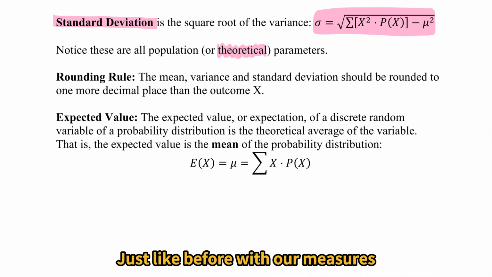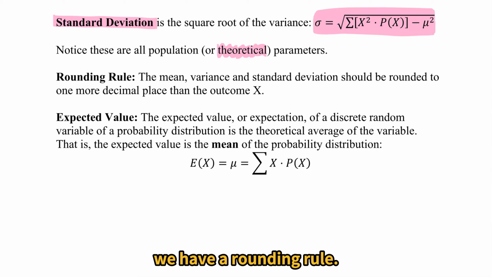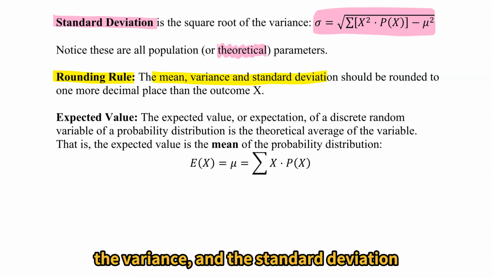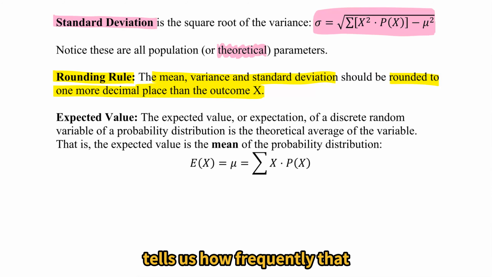Just like before with our measures of center and measures of variation, we have a rounding rule. And that rounding rule is that we are going to round the mean, the variance, and the standard deviation one more decimal place than the outcome, x. X is representing our data. The probability just tells us how frequently that data value is going to occur.